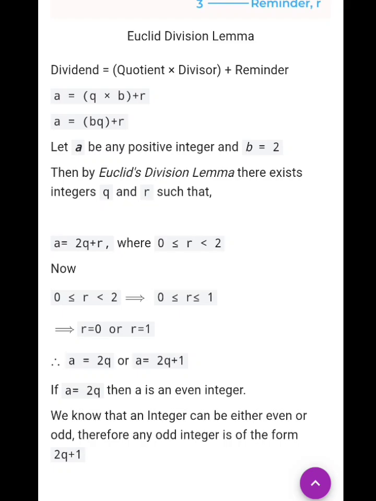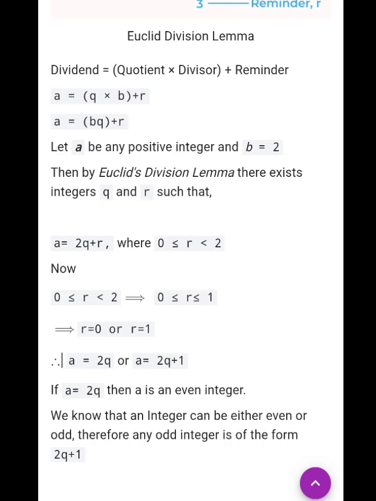So when we substitute b is equal to 2, we get a is equal to 2q plus r, where 0 is less than or equal to r, which is less than 2. But we also know that the remainder is always an integer.